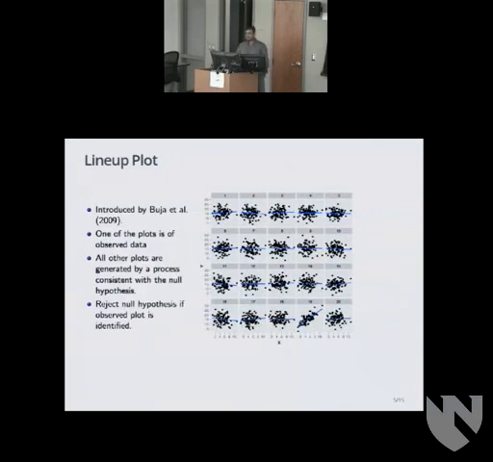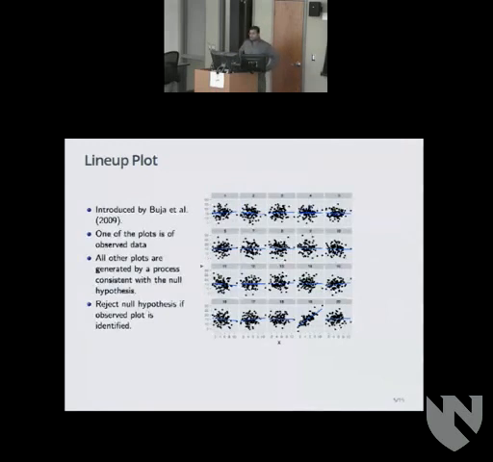So when the null hypothesis is true, we can simulate those plots, because we now know the null, right? This was introduced by Buja in 2009, and later it has been improved upon a lot, and we also worked on this area and published some papers to improve the methodology.